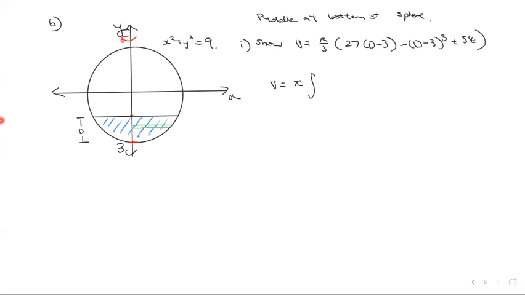Because this distance here is d, then this is -3. So if that's -3, the upper limit becomes -3 plus d.